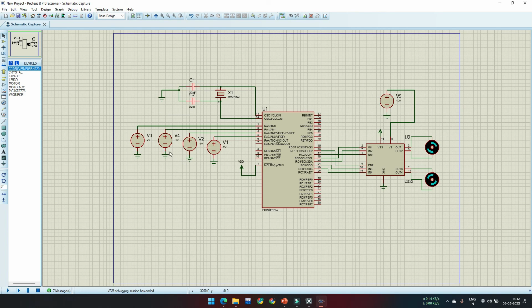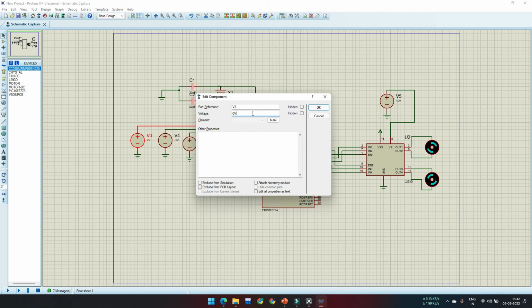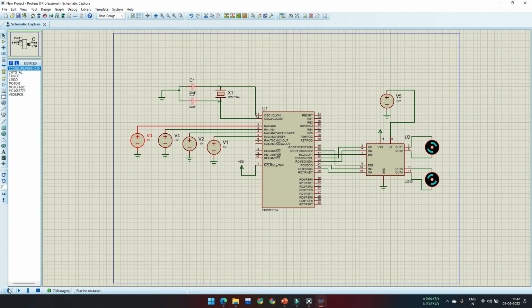Now for long left turns and long right turns, we can combine both these velocities. If we consider this motor as the right wheel and this motor as the left wheel, we can see that the velocity of the right wheel is more.